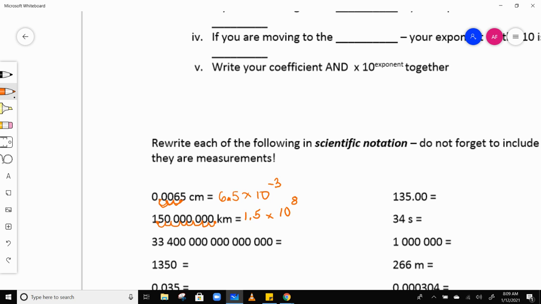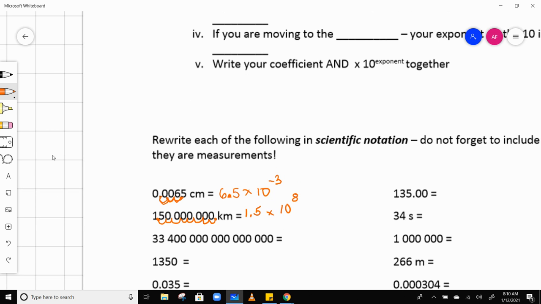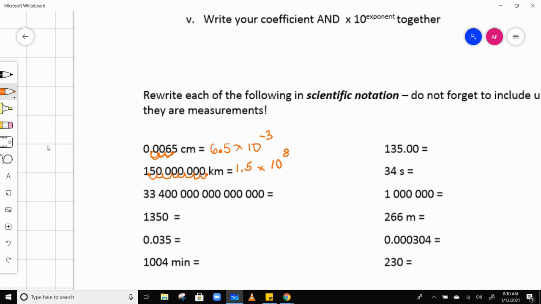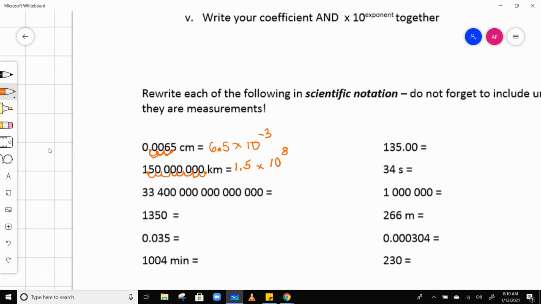We had to move it 8 decimal places. Now this number was larger than 1 to begin with. So that means it's a positive exponent. Okay, pretty simple. Not too bad, right?